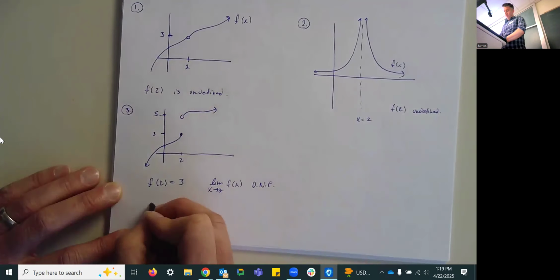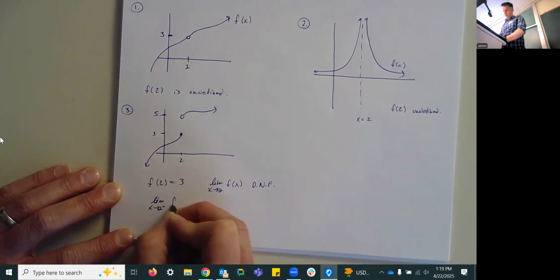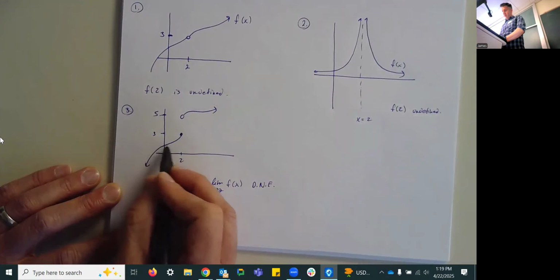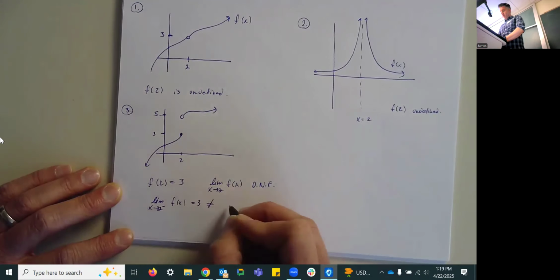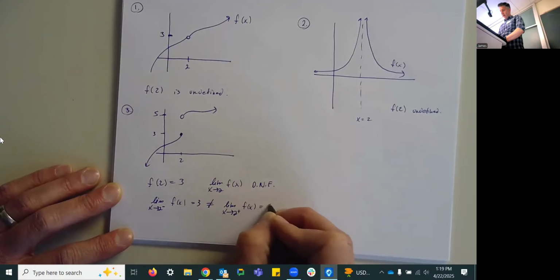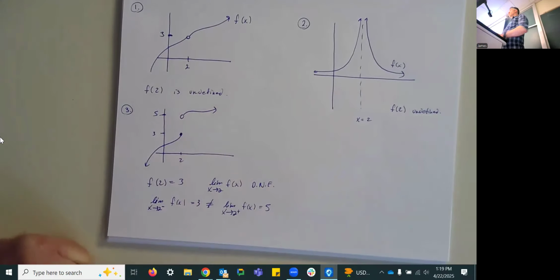Because as we approach 2 from the left, we're getting closer to 3. And that's not equal to the limit as x approaches 2 from the right of f of x, which is equal to 5. So the left-hand limit and the right-hand limit don't match up. If the limit doesn't exist, the function can't be continuous, right? You're going to have some sort of jump.